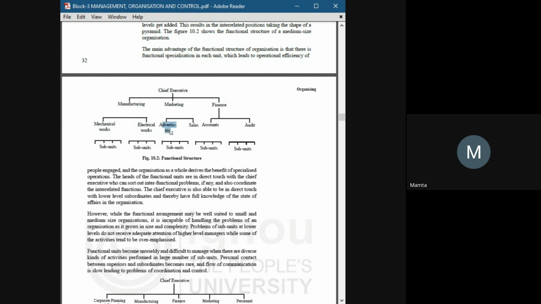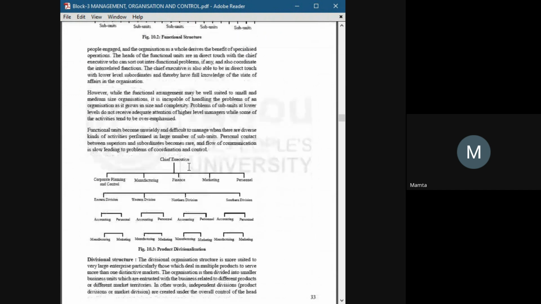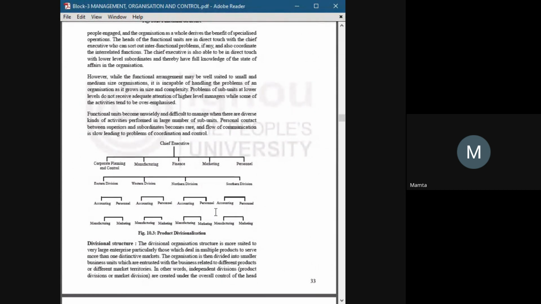In marketing we have advertisement and sales. In finance we have accounts and audit. And these departments have some further subunits, the employees working here. So that's how a functional structure looks. That's also an example of functional structure.